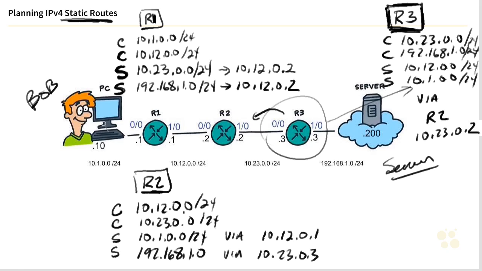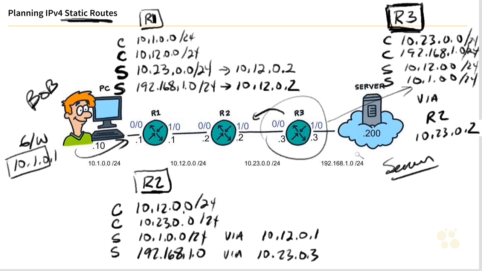But if this PC doesn't have the correct default gateway, so Bob should have his computer using a default gateway of 10.1.0.1. And that way Bob's computer knows to forward frames to the router in the event Bob's computer is trying to reach any network other than his local 10.1.0 network. The other half of this is the server.